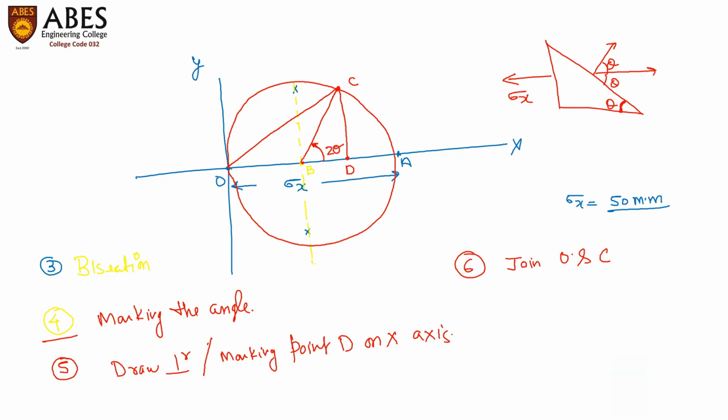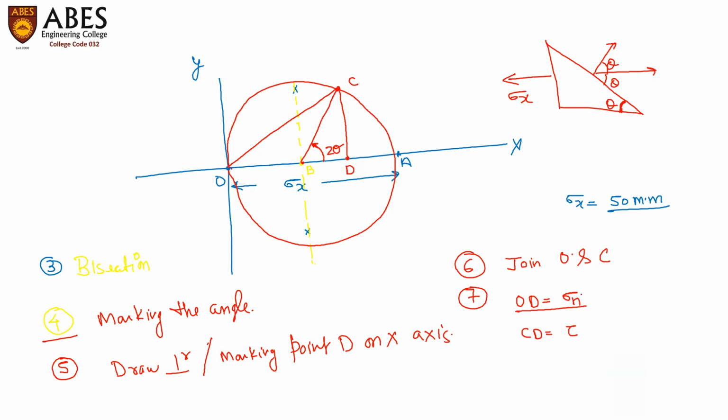Now, the value OD will be the normal stress generated inside the plane, while the value CD is the shear stress generated on that particular plane.